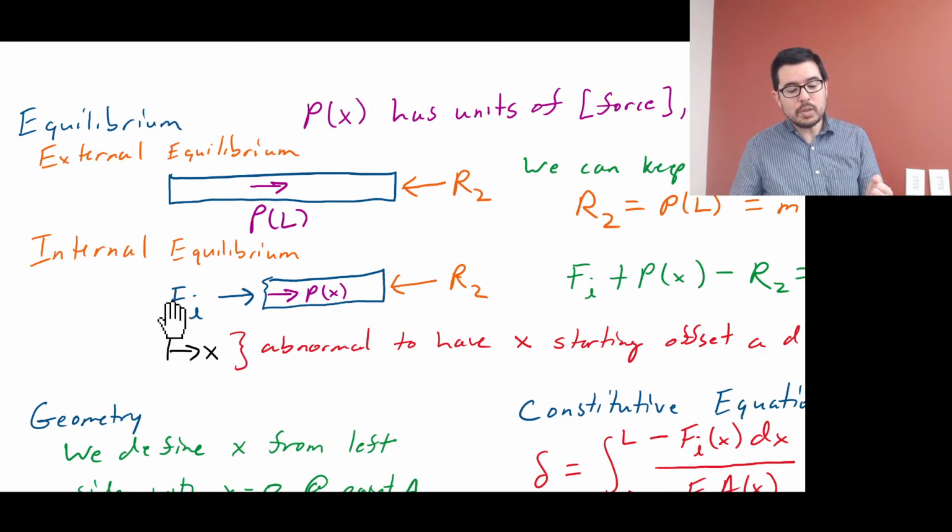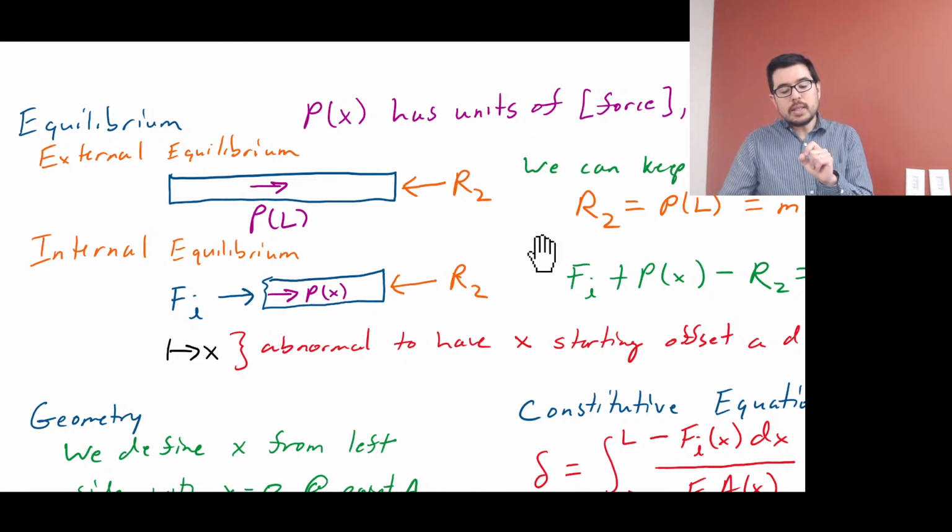So I'm going to do something a little bit unconventional as well and say still defined from the left, right? And wherever I am, P of x, where I am at x, if I want the external force acting on the bar, I'm going to say that it's just mx. So as we go further to the right and get all the bar in there, then it will be mL.